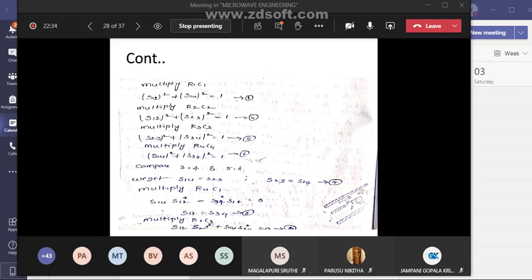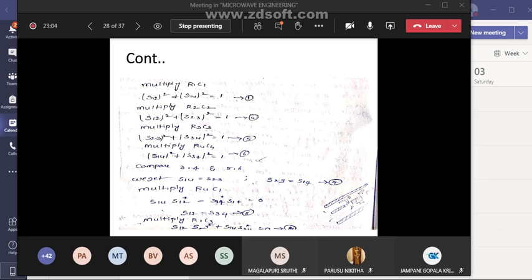If you compare 5 and 6 equations, we get S23 equal to S14.